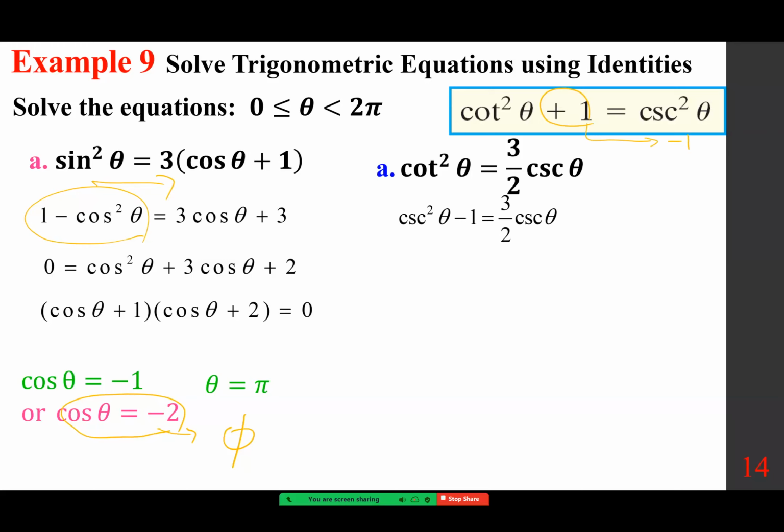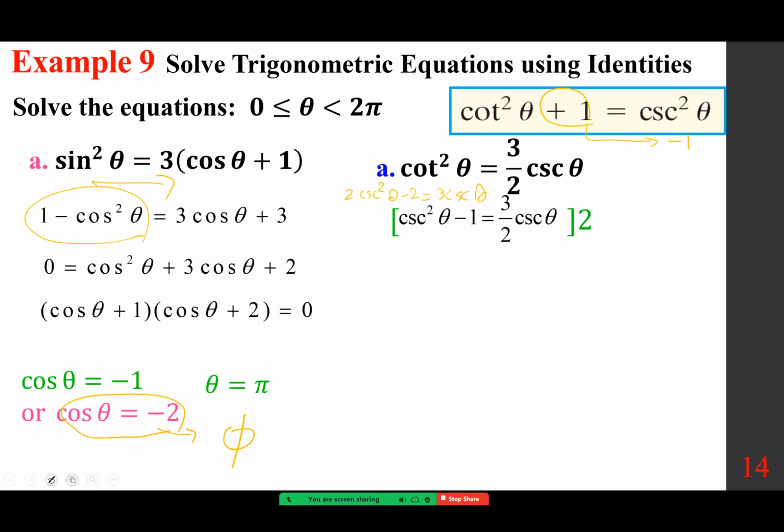First, we move everything to the same side, and then we multiply by 2. If I multiply by 2, I get 2 cosecant squared theta minus 2 equals 3 cosecant theta.